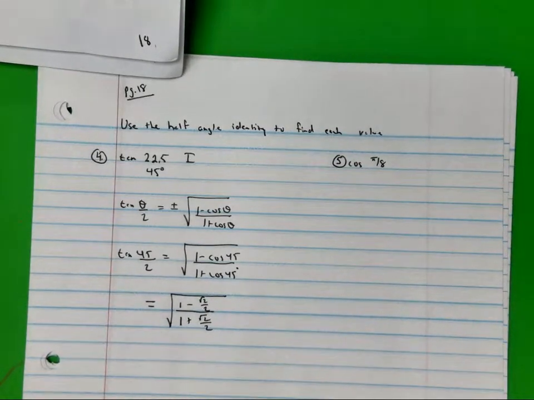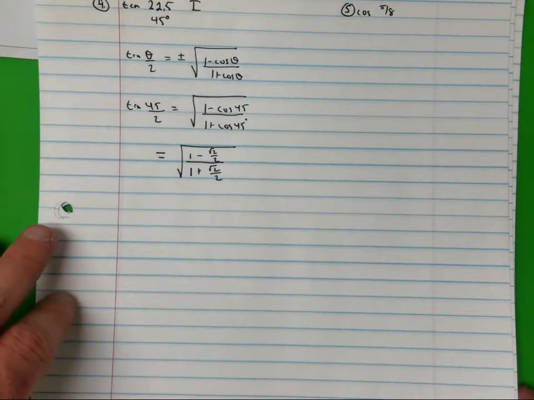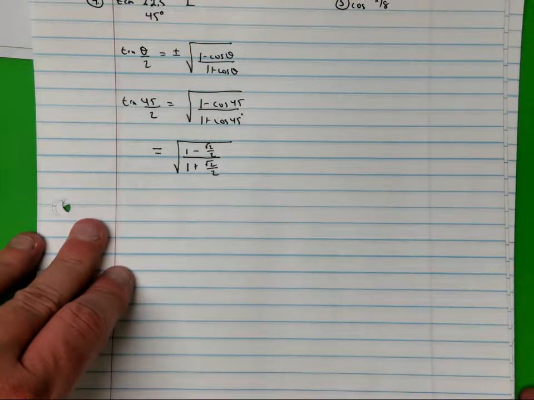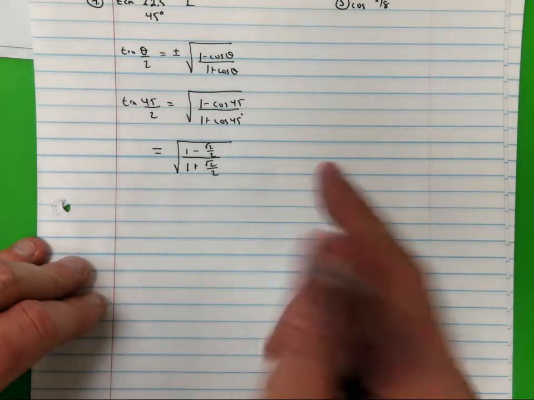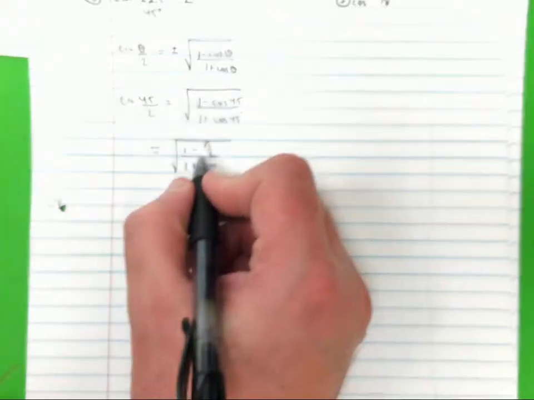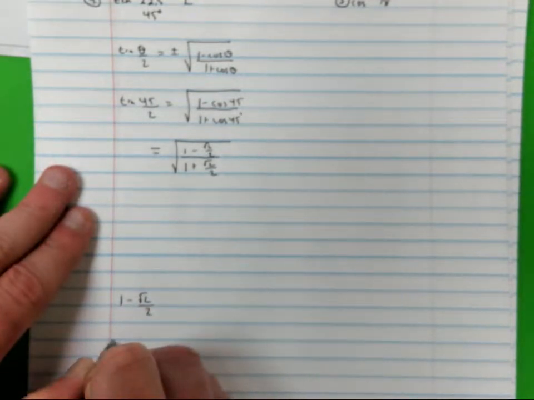This is where you're getting confused, is the math here. These are fractions. We're adding and subtracting fractions, so we need to find a common denominator. I'm going to come down here for a moment and show you how to do this. This is basic math. 1 minus square root of 2 over 2.